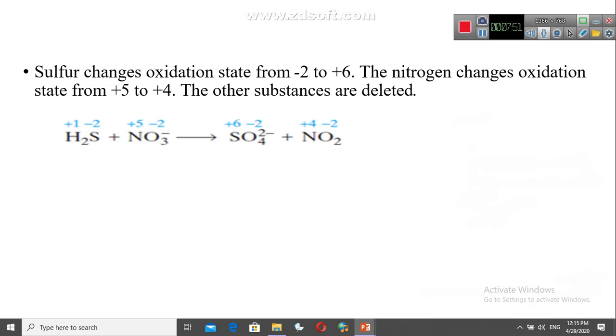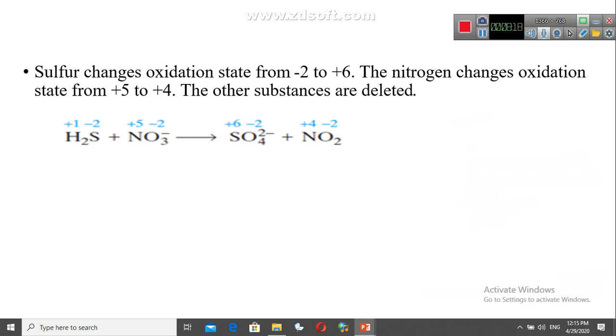Only H2S, NO3 ion, SO4 sulfate ion, and NO2 remain, because only sulfur changes oxidation state from negative 2 to positive 6, and nitrogen in NO3 from positive 5 to positive 4.